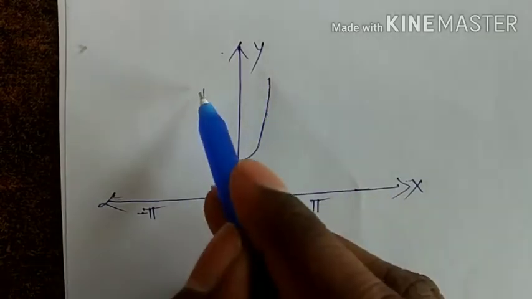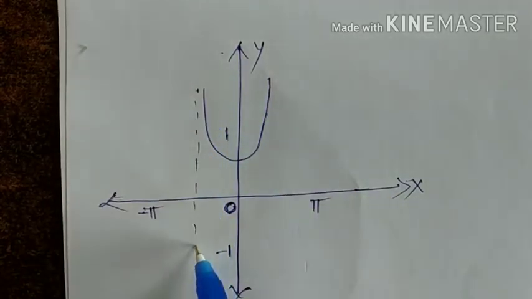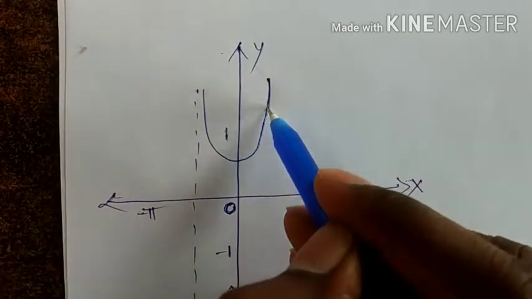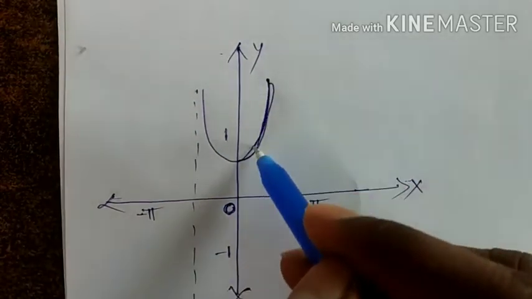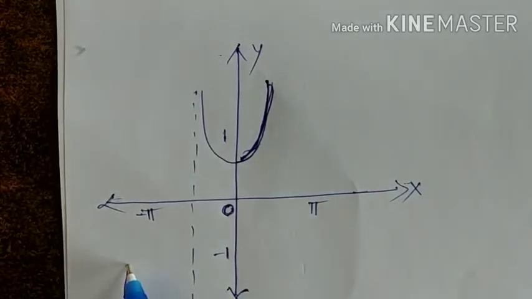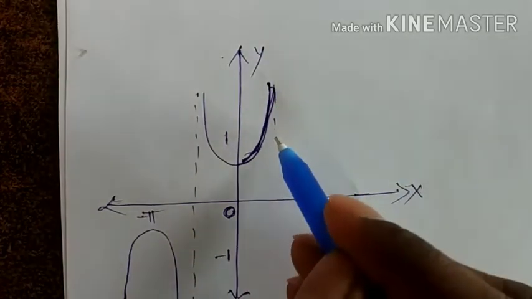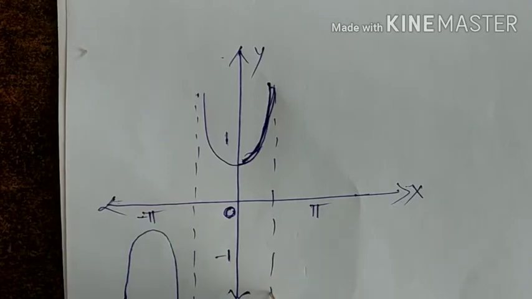If you consider certain intervals and give those intervals for the secant function, you will get the graph in this way. So identify this spot in dark way, and one more you can draw like this. Roughly you can draw. So this is the graph of secant function.